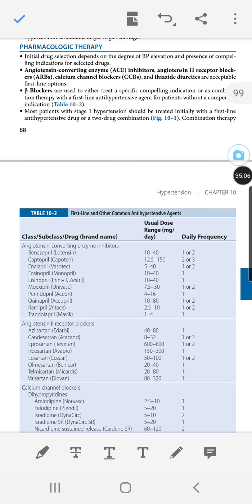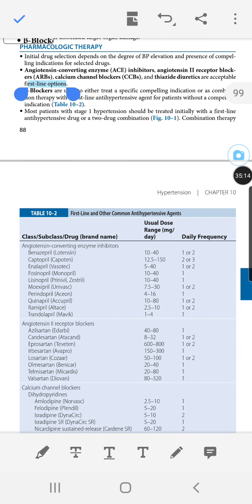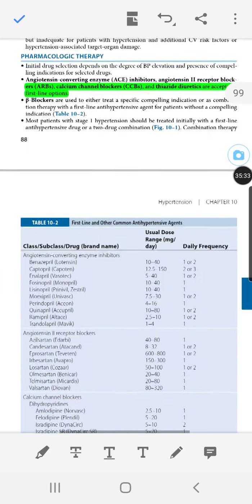So first of all, we have to take some initial first line drugs. The first line options are angiotensin converting enzyme inhibitors, angiotensin 2 receptor blockers, calcium channel blockers, and thiazide diuretics.